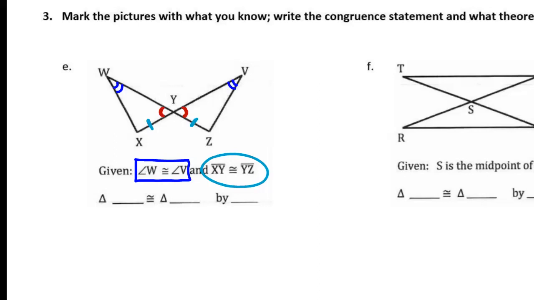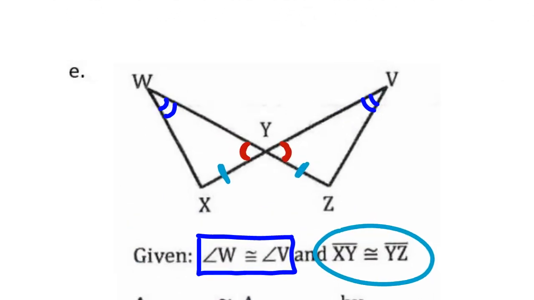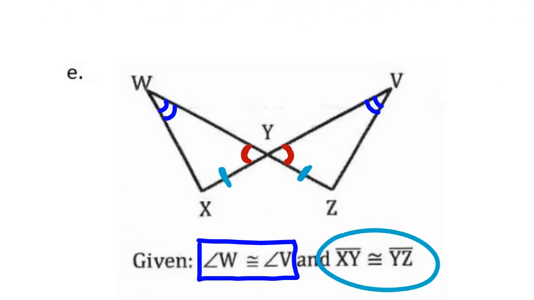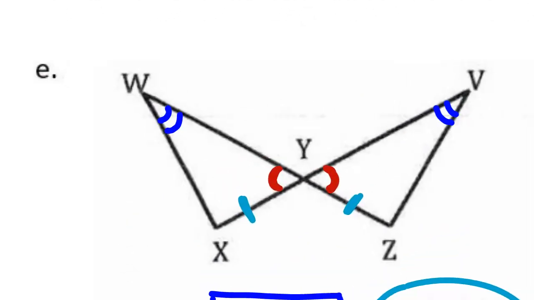Yes, using which congruence criteria? If I'm going to use angle, side, angle, then the side has to be sandwiched in between those 2 angles. Is our side sandwiched in between those 2 angles? No, it would have to be this side right here if it was angle, side, angle. So what can I use?